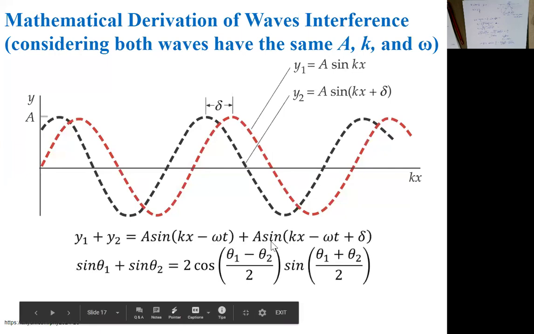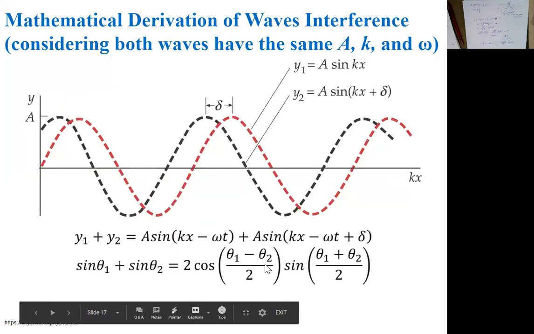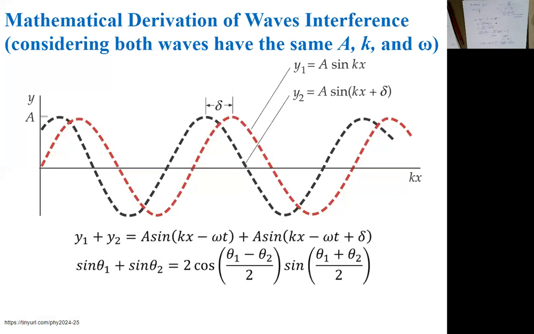So a sine function plus a sine function will give you twice cosine of the difference of the two angles divided by 2, and then also times sine of the sum of the two angles divided by 2. Okay, so that's one of the trigonometry identities. If you don't remember it, you can actually do a quick review or look it up.